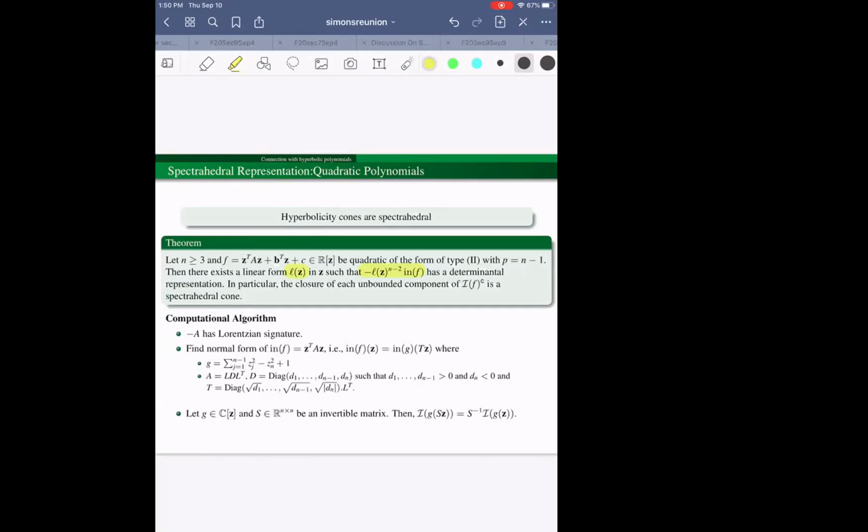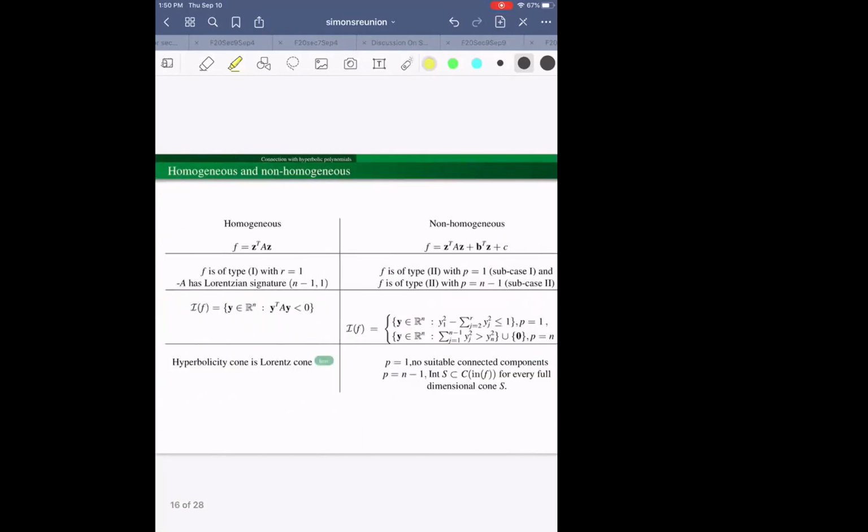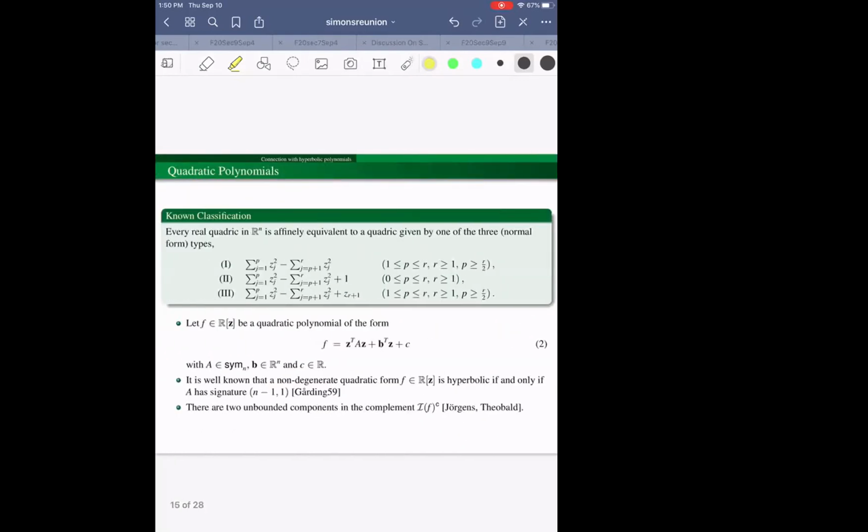This theorem is based on three steps. First, we realize that any real quadratic form can be classified into one of three normal forms.